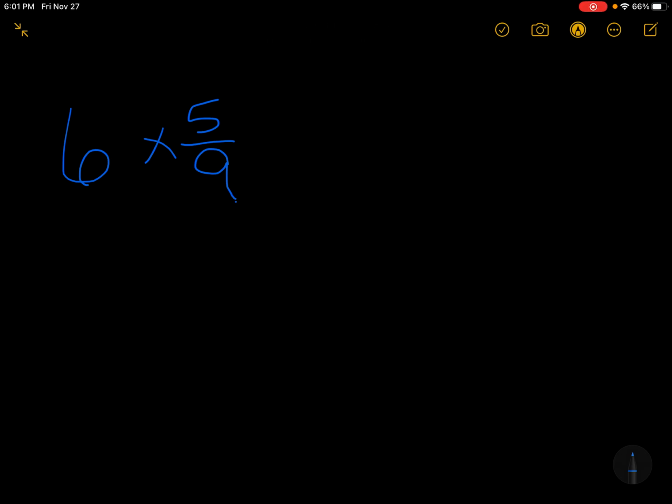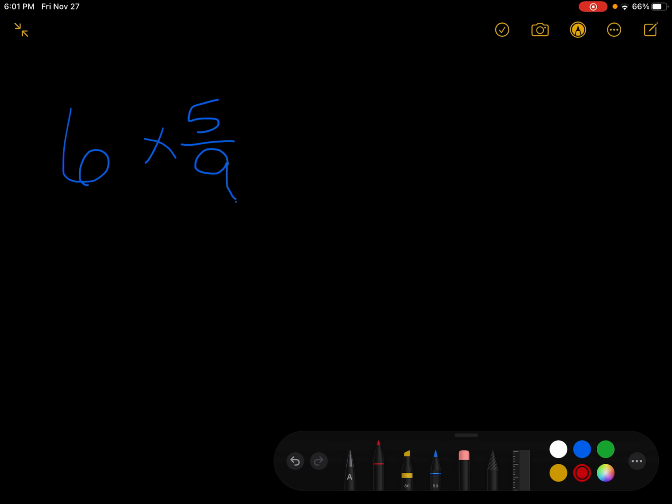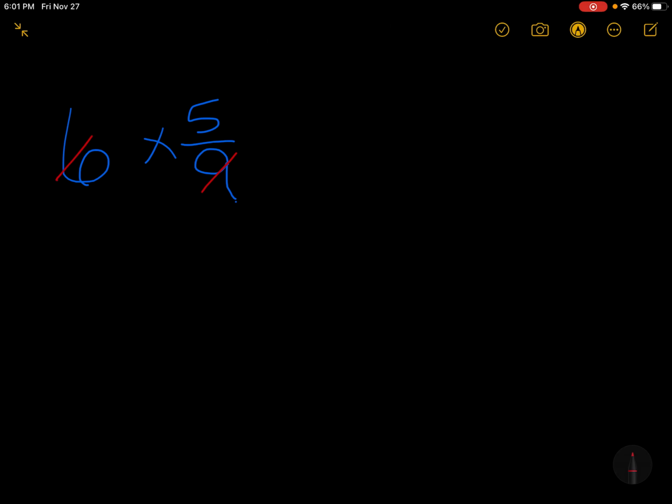What they've done here is they already decided that they were going to do a little bit of cancellation. They said, hey, already I know that 6 and 9 can both have the same factor here, and the factor is going to be 3. 3 can go into 6 2 times, and 3 can go into 9 3 times.